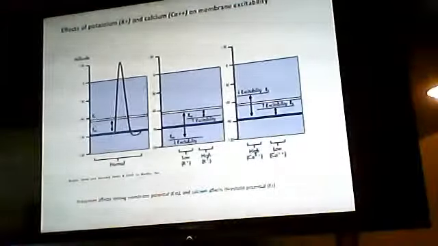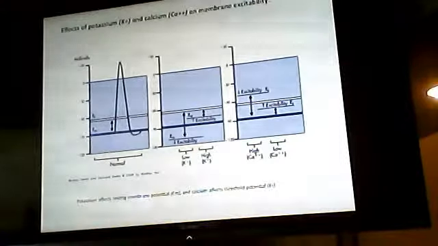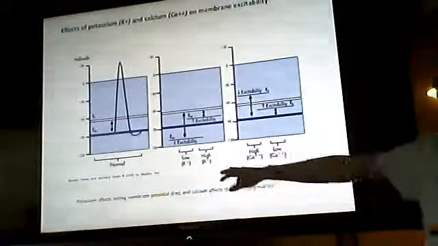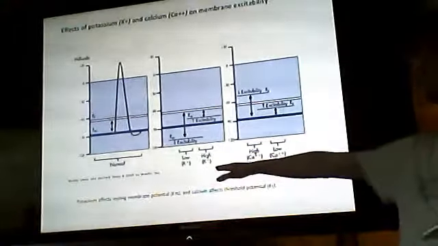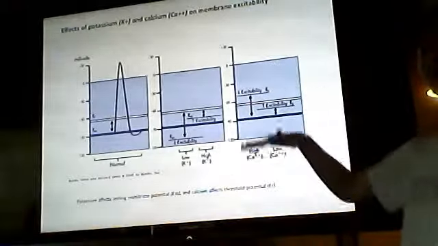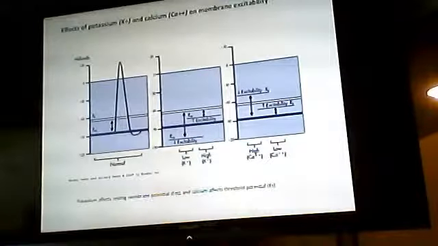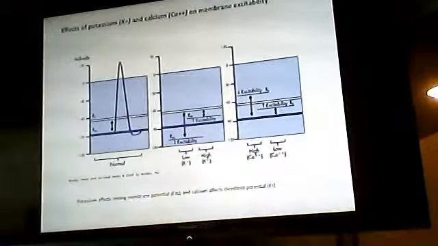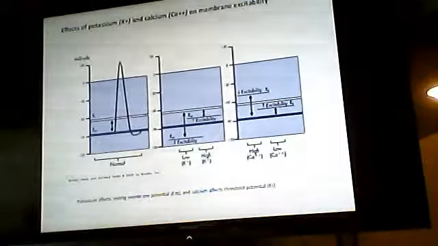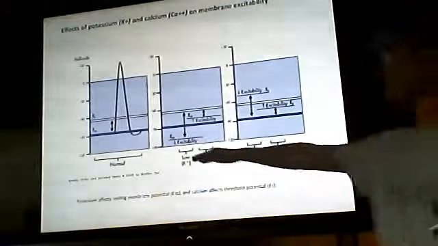Moving on, talking about potassium and calcium on membrane excitability. Let's focus here first. This is telling us about potassium levels, and potassium levels help dictate the starting resting membrane potential. If we have a low potassium count, remember that means we're less positive, and if we're less positive, we're more negative. That's where we are here.